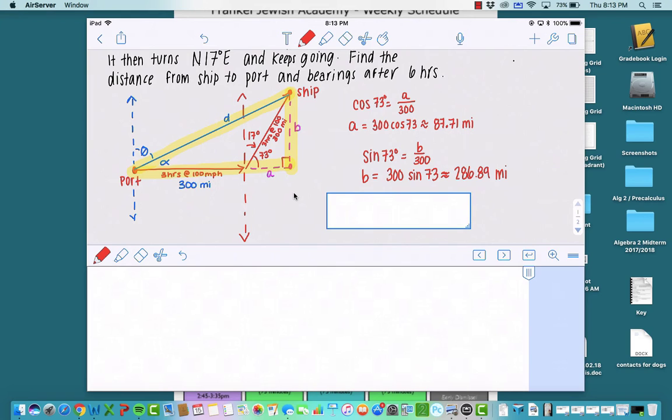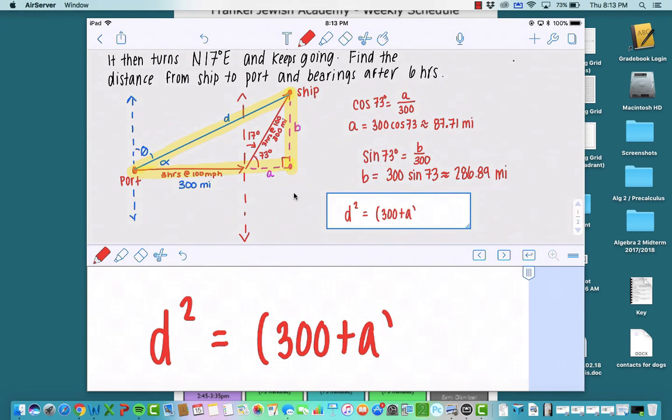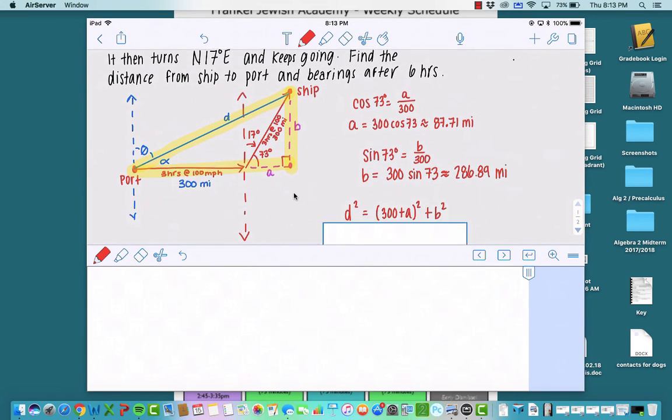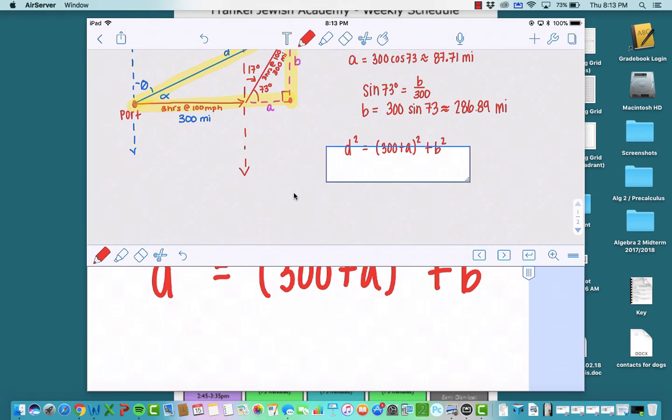So if I look, the distance squared is going to be that 300 plus A squared, which is 87.71, plus B squared, because it's a right triangle, so I'm using Pythagorean theorem.